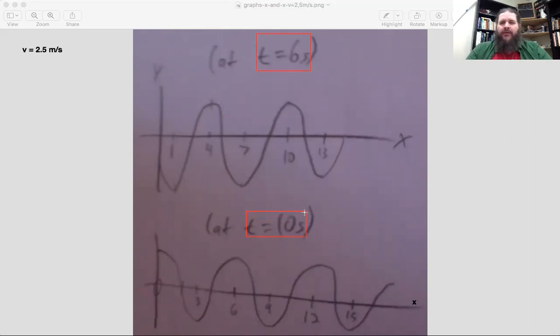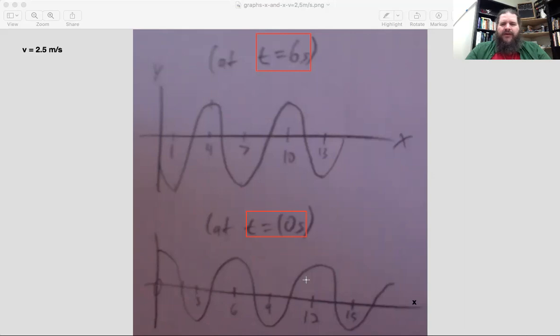These graphs represent what the wave looks like at two different instants in time. Let's say you have a video of the wave traveling. You hit pause at 6 seconds and draw what it looks like. And then also you hit pause at 10 seconds and draw what it looks like. But then you come back to it and you only have these two freeze frames. You need to figure out from those two freeze frames which direction it's traveling.